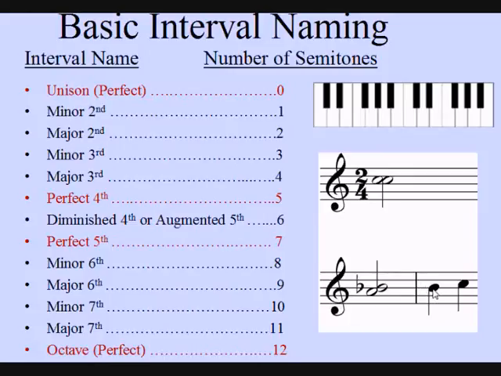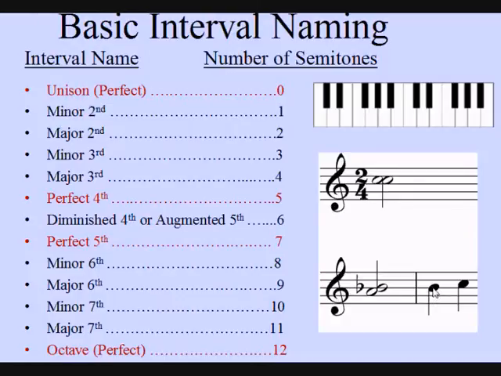If we look at this one here, from the staff counting point of view, we count 1, 2. This is also a second. Let's go and look at that from the semitone point of view.